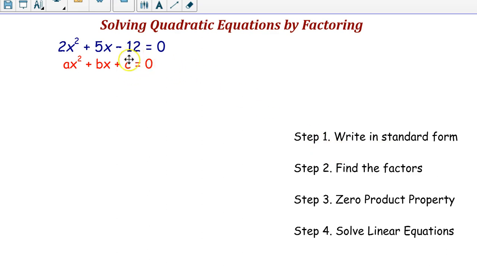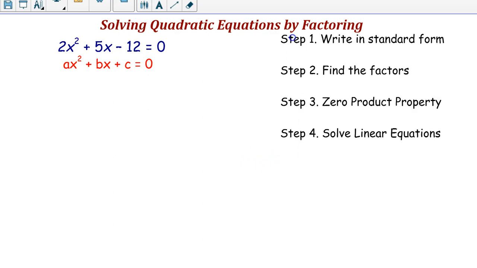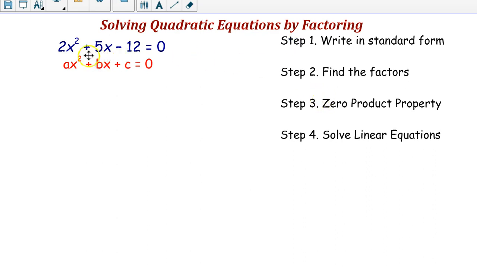And next we have to find factors. So before going to these factors, we have to verify and see if any common factor is available in all the three terms. Like in this 2x squared plus 5x minus 12, look for any greatest common factor.